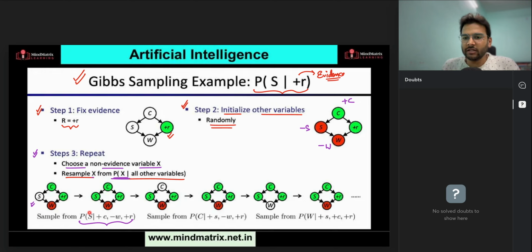Once you have done it, you can pick another non-evidence variable.